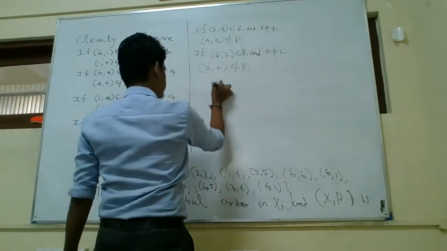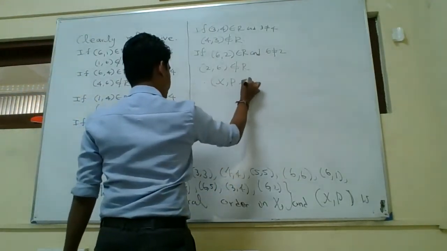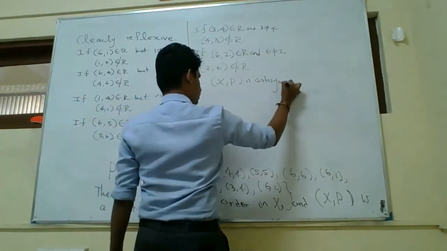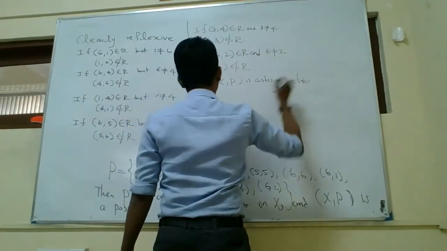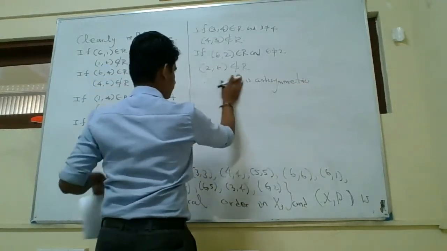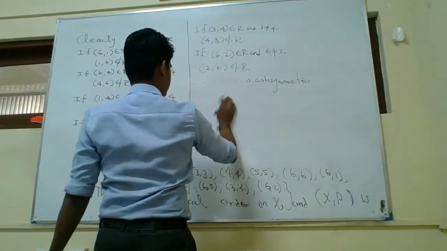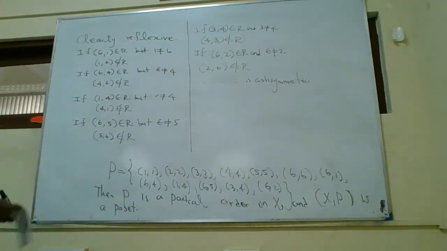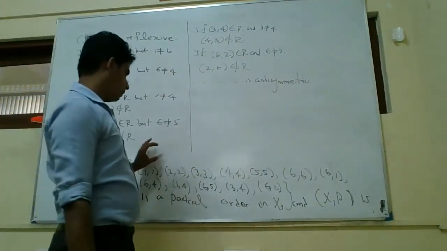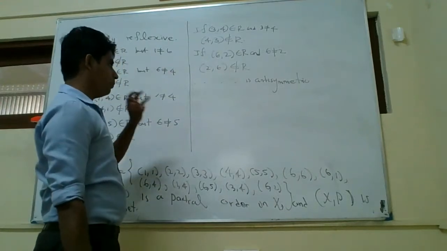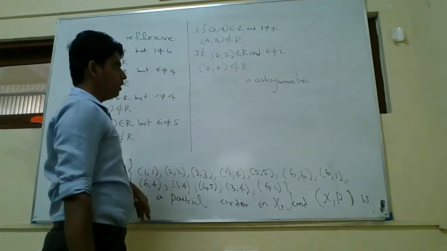That means X comma P is reflexive and X comma P is antisymmetric. After this you check transitivity. Finally you can write that X is the particular set, P is the relation, and X comma P is a partially ordered set.